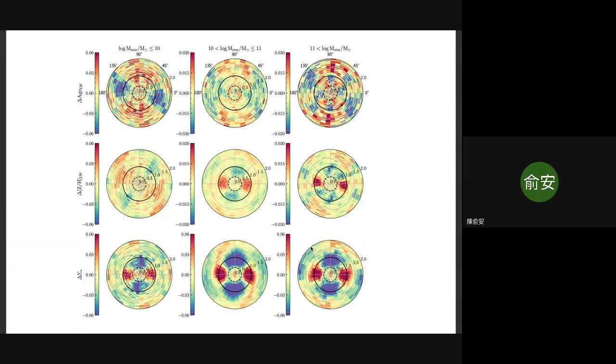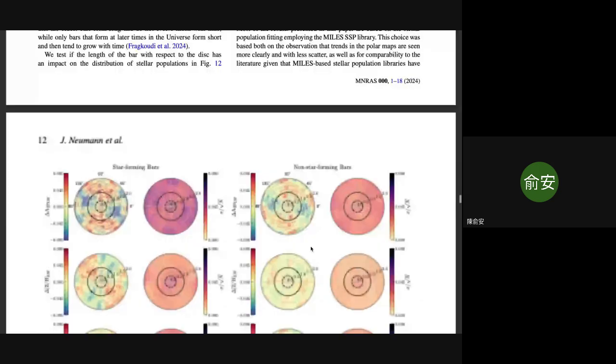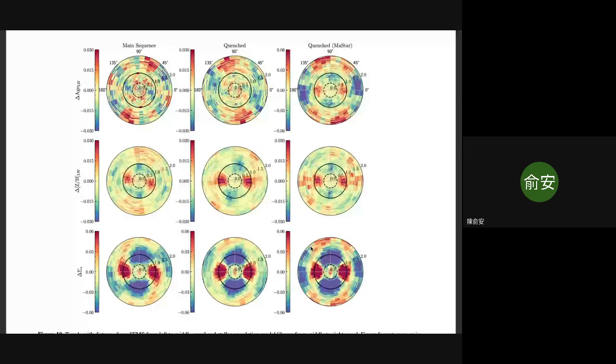So from here, a key point in this research is that they confirm the bar is a long-existing object with a higher metallicity.